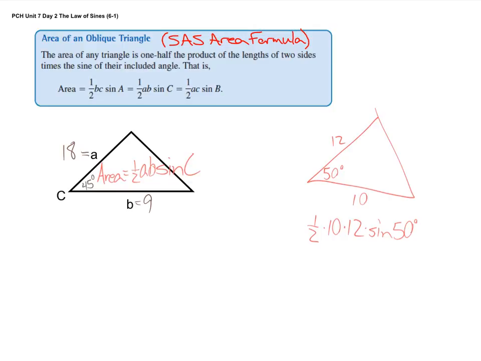If we wanted the area of this triangle, what would we do? 1/2 times 18 times 9 times the sine of 45. Good. And we don't even need a calculator for this one.